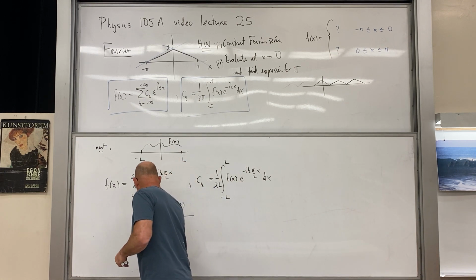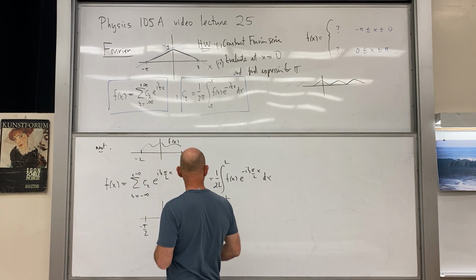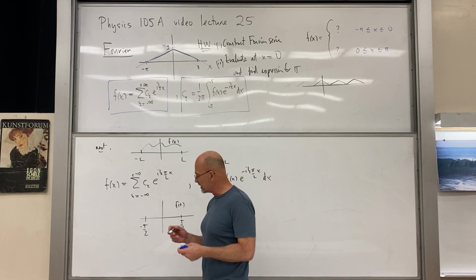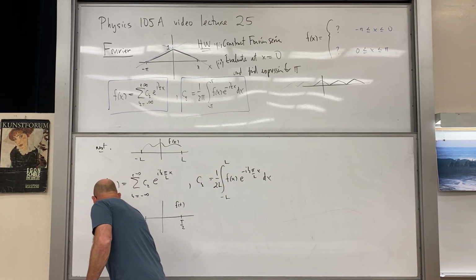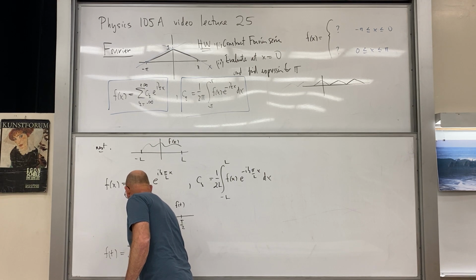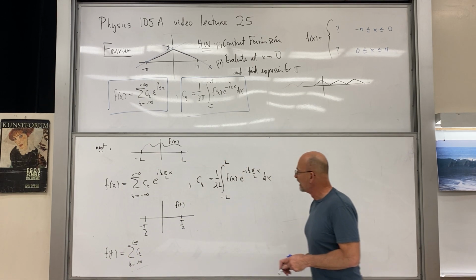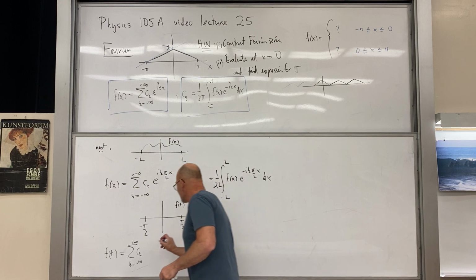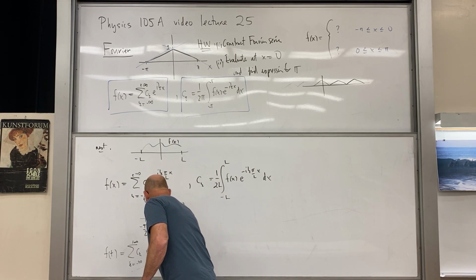So, what do we do here? I wanted to stack these so I'll work right under here. So here we're going to have f of t is equal to the sum over c sub k from minus infinity to plus infinity, and we're going to have an e to the i k.